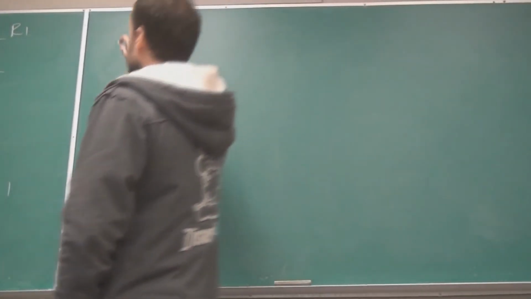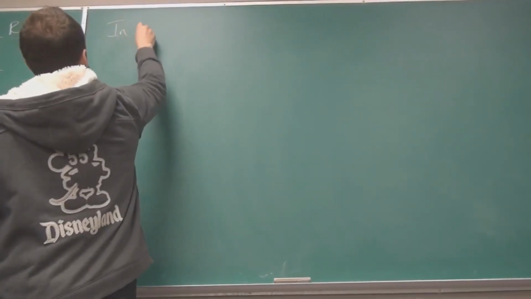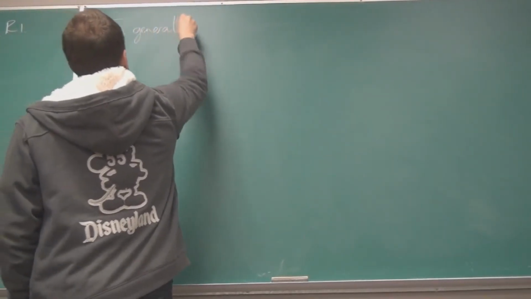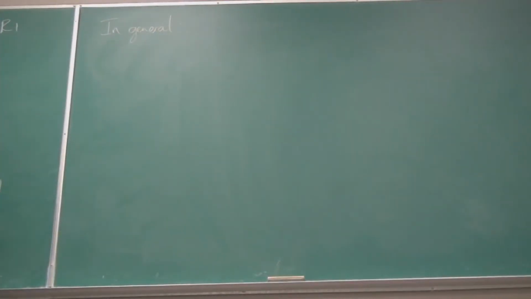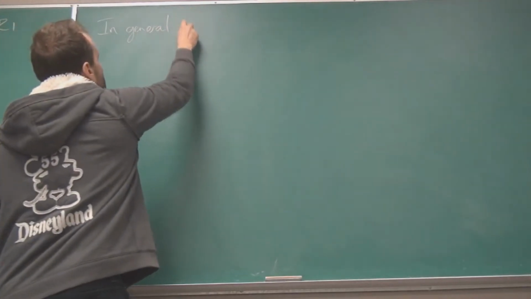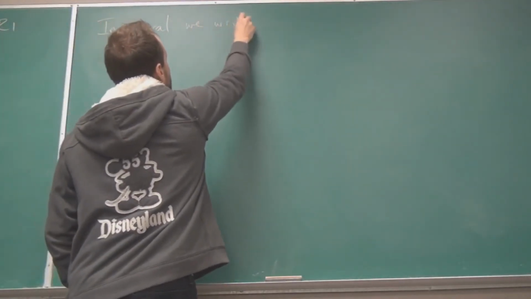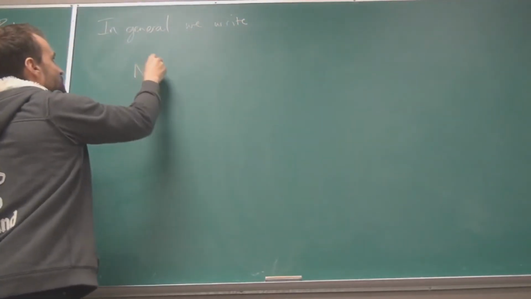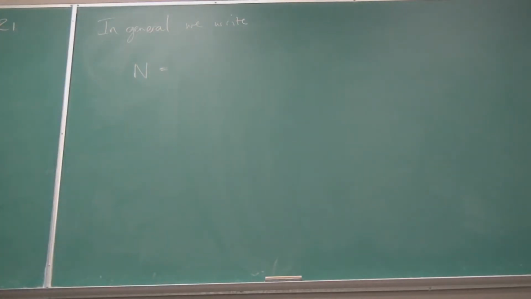So in general, we need to use letters to represent the numbers because we don't know what the numbers could be. We can write our big number as n, maybe.